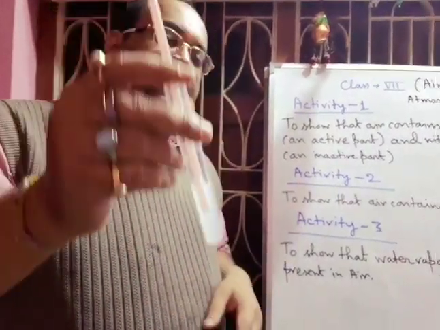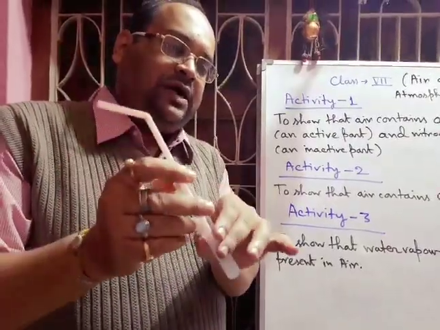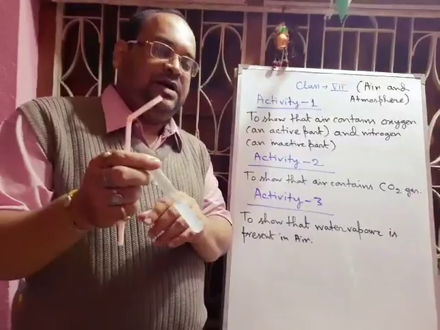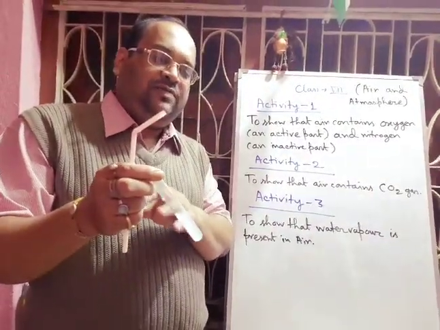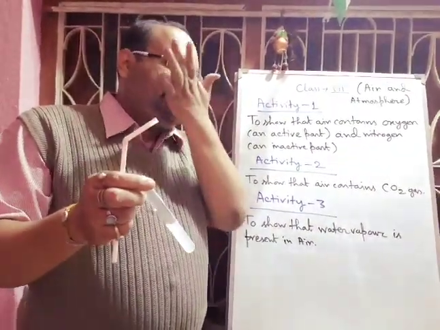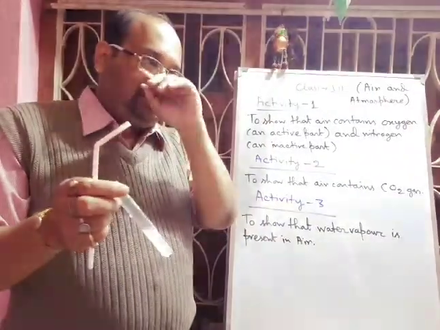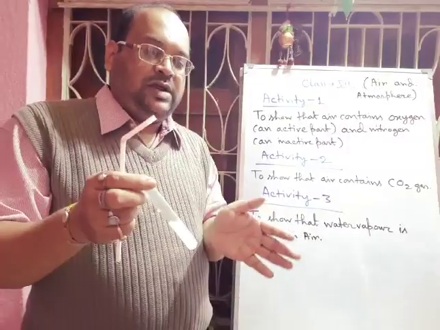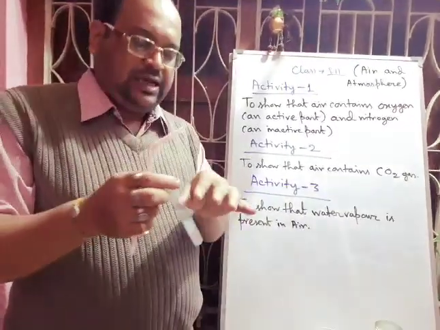So here carbon dioxide is reacting with what? Carbon dioxide is reacting with calcium hydroxide, forming calcium carbonate. And if we continue it for a long time, then what will happen? This calcium carbonate again reacts with water and carbon dioxide, forming calcium bicarbonate, that is soluble, and it will become colorless. Again I am showing you.